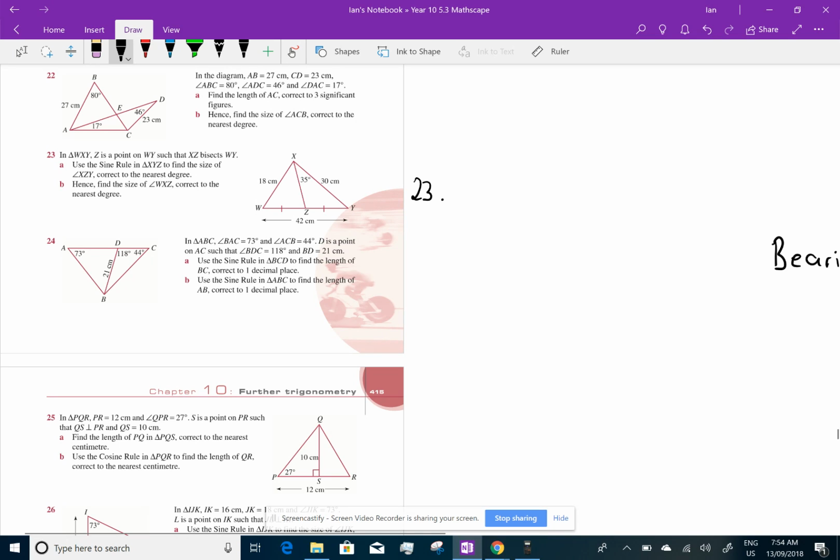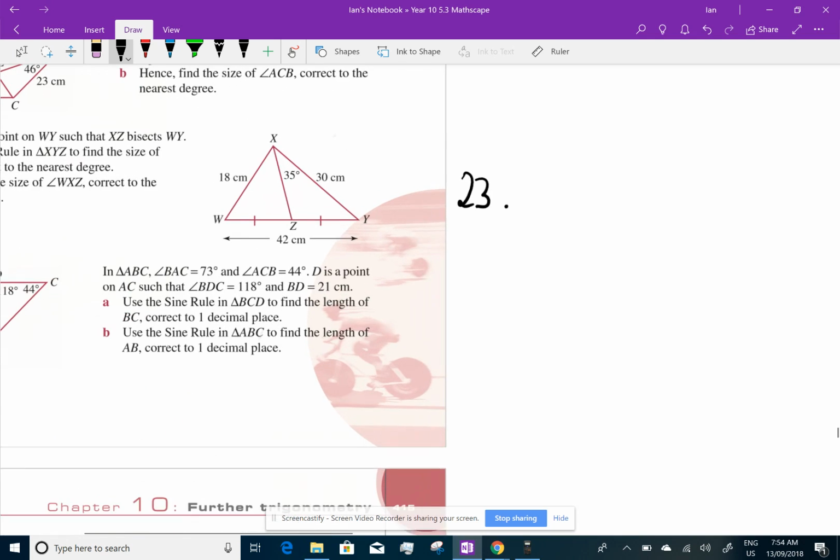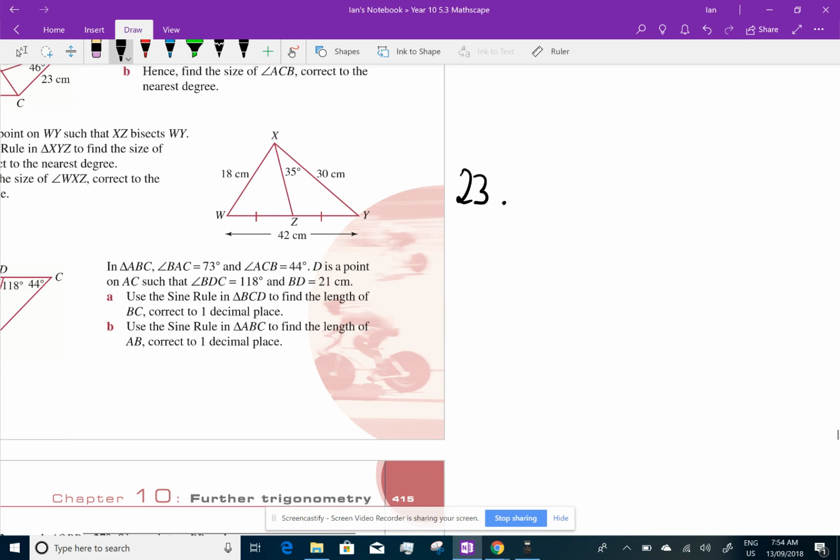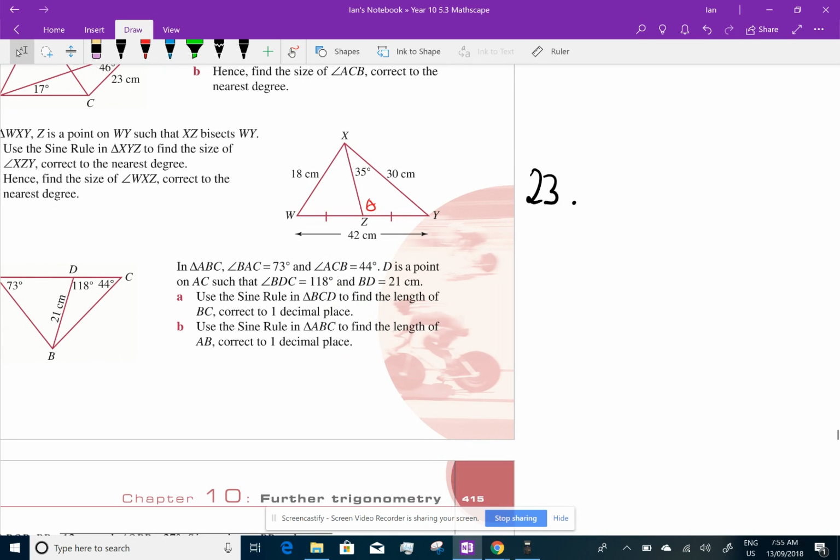Use a sine rule to find the size of X, Z, Y. So I'll just zoom in a bit here. X, Z, Y, I'm going to call that theta. And I know that this distance is 21 because it bisects it, and that distance is 21.